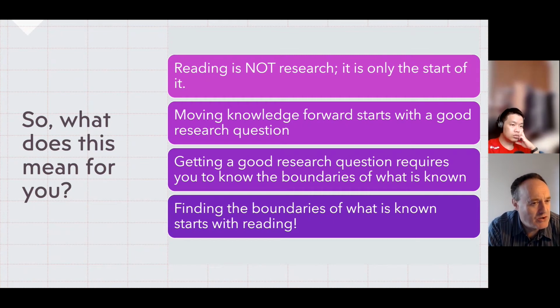And in order to understand what it is that you don't know, you need to know what you do know. So that means you've got to find the boundaries of where we are. And where you find the boundaries of where we are is by doing the reading in the first place. So that's quite a complicated cycle. So I just want to unpack those ideas a little bit.